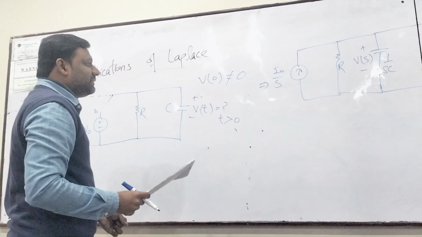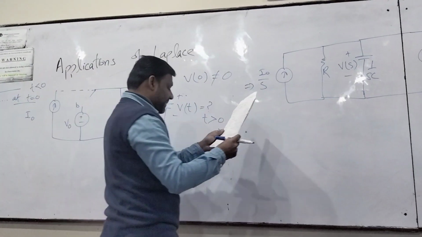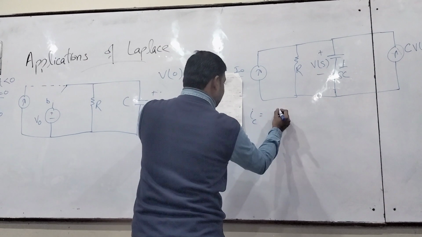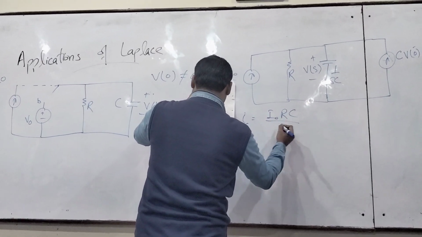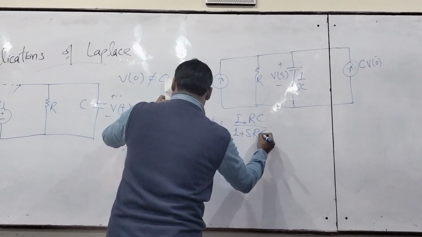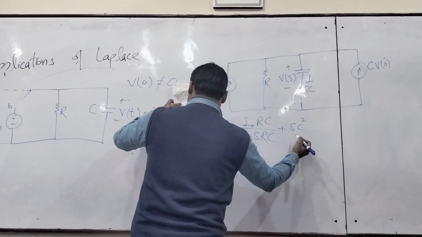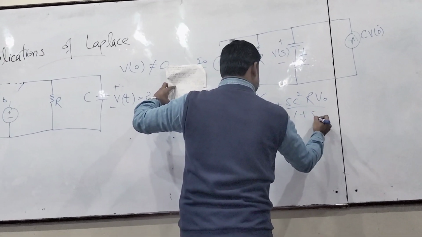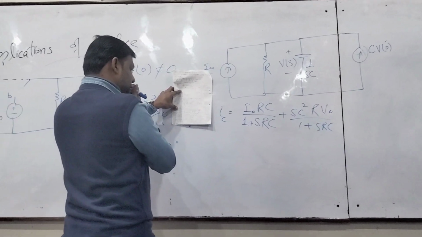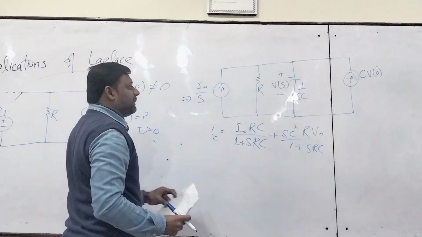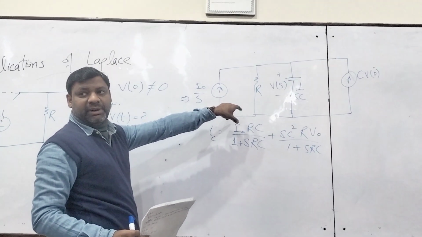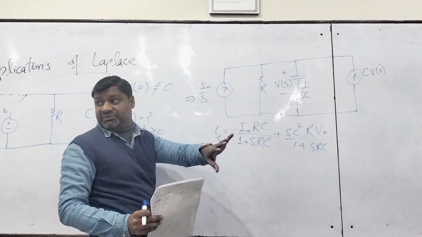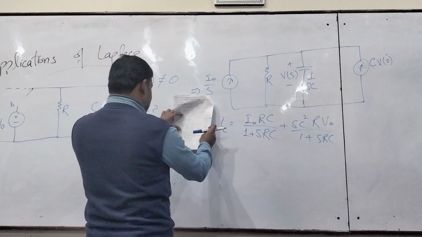Okay, let's start with the current divider, and let me go very fast. When we apply the current divider across this capacitor and go through some mathematical steps, three or four steps, you will find this expression.